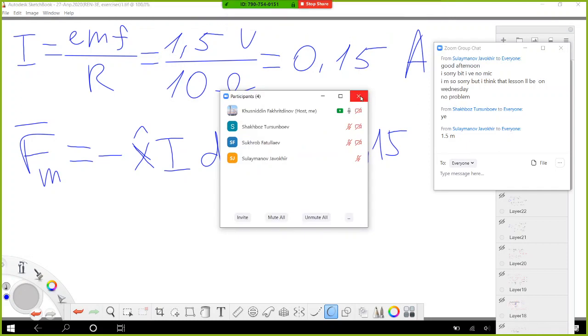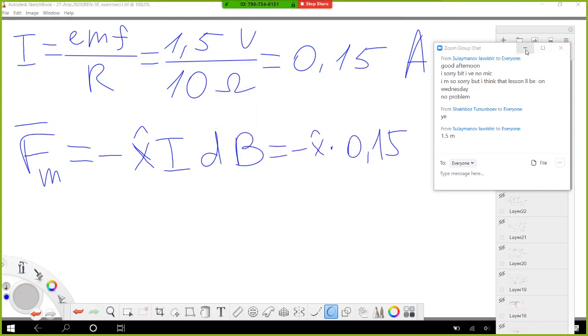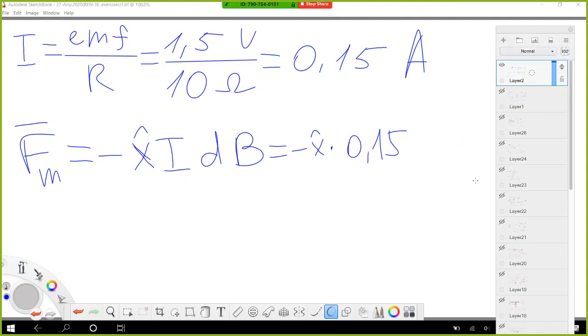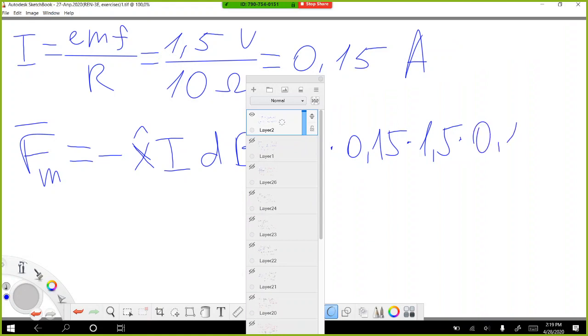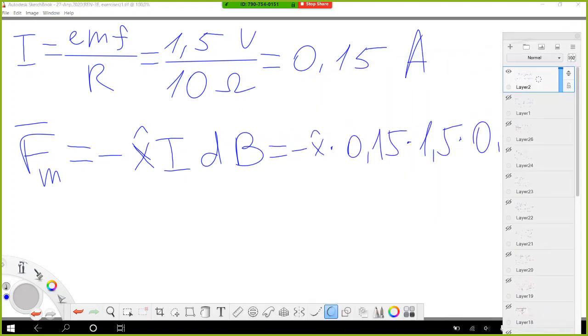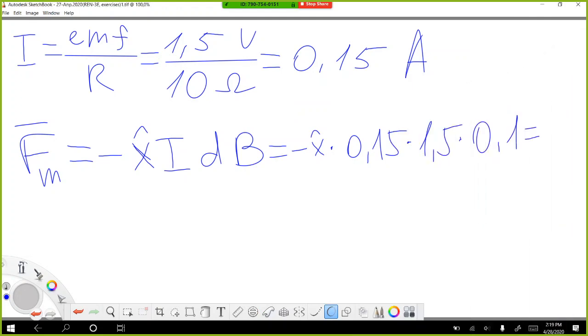Yeah, 1.5 meters here. Thank you. Multiplied by d, 1.5 meters, and multiplied by B, 0.1 Tesla, and it is equal to 0.0225 newtons.